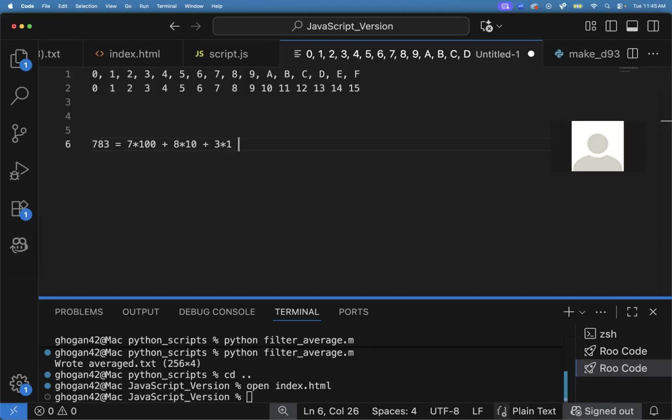And the 100, the 10, and the 1 are just the powers of 10. Well, you can do that exact same thing for any base, just replacing the 1, the 10, and the 100 with the powers of whatever that base is.